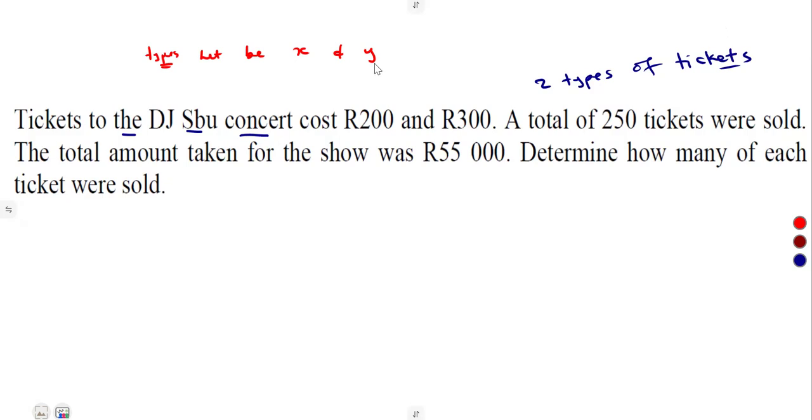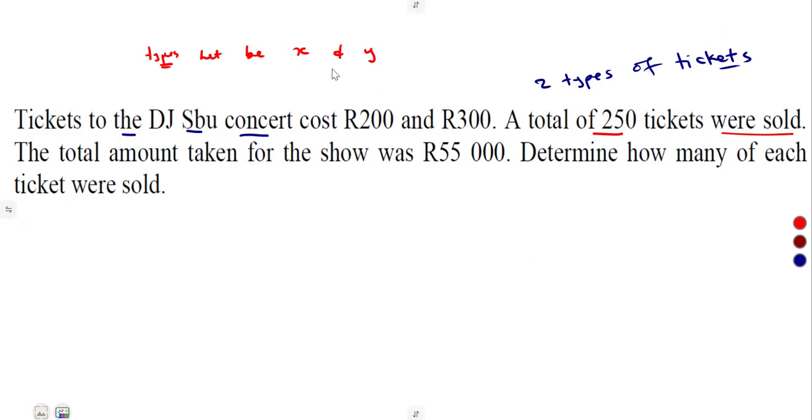So we have got two unknowns. This for ordinary, this for VIP. They are different types of tickets. So they are saying a total of 250 tickets were sold. So here it is on the tickets that were sold, 250.